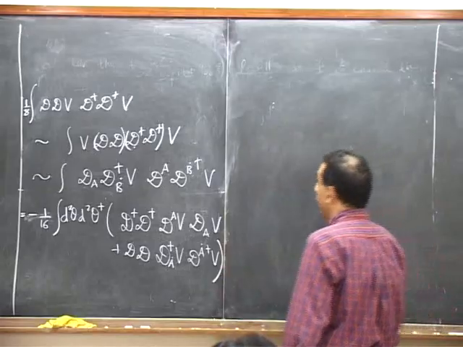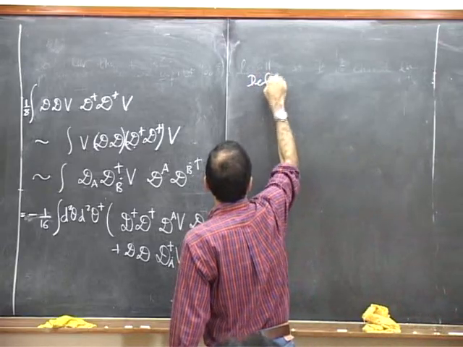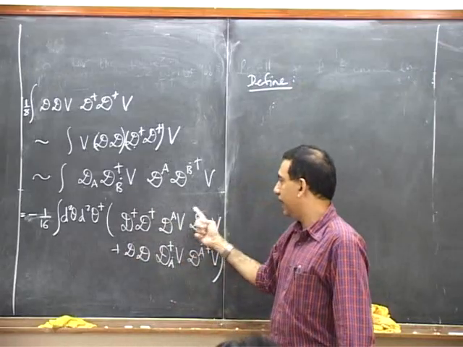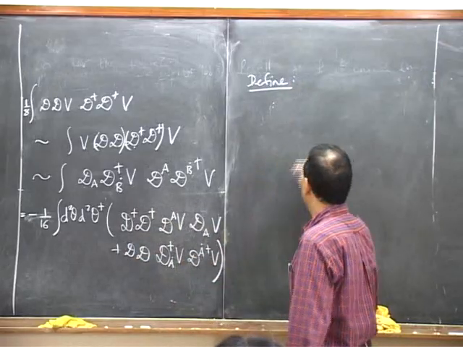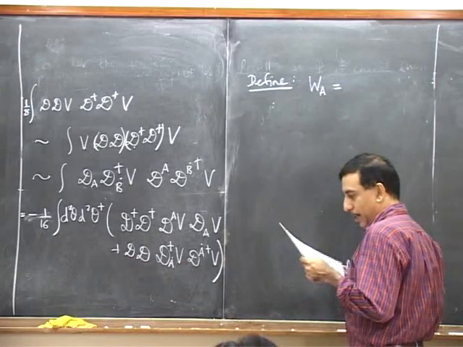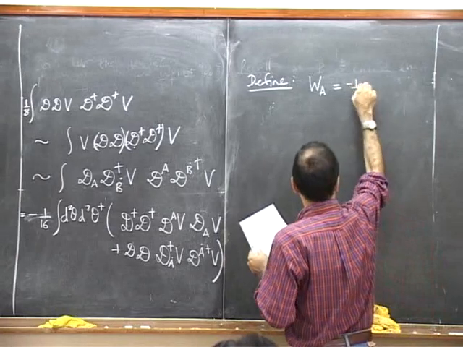In order to do that, let me give a name to this piece, d dagger d on b. I'm going to call that W. This W should not be confused with the W occurring in the superpotential.